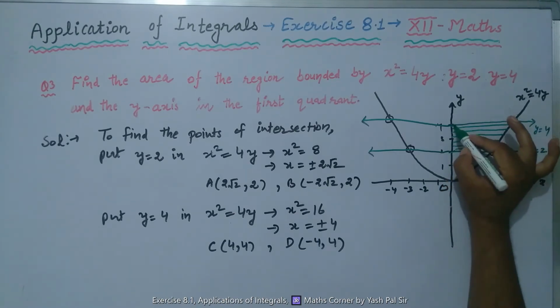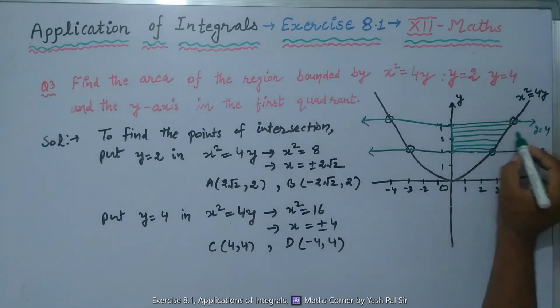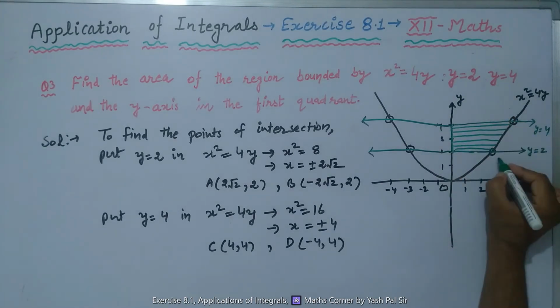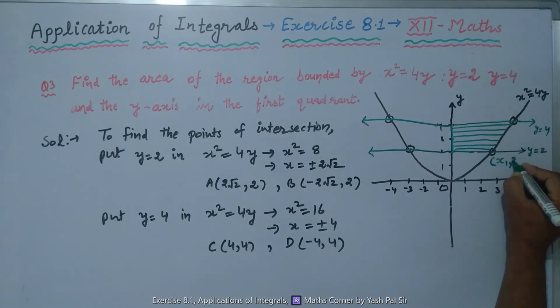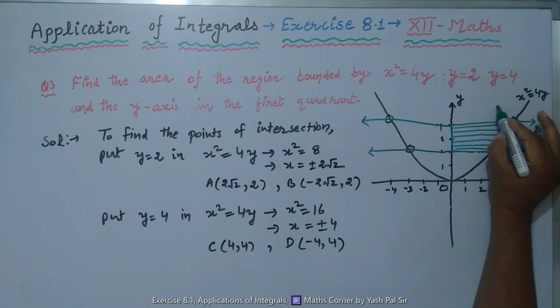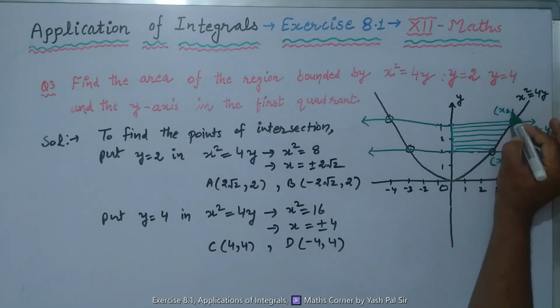So this way up to y-axis is only in the first quadrant. First of all, what we can say, here what is the value of x? Suppose this is x1 but y is 2. Here value of x is x2 but y is 4.